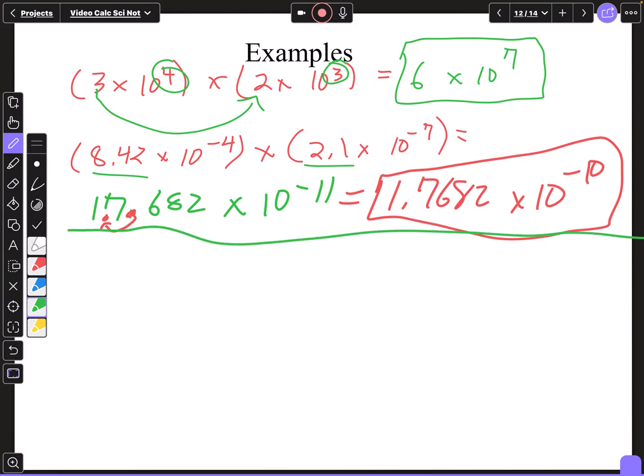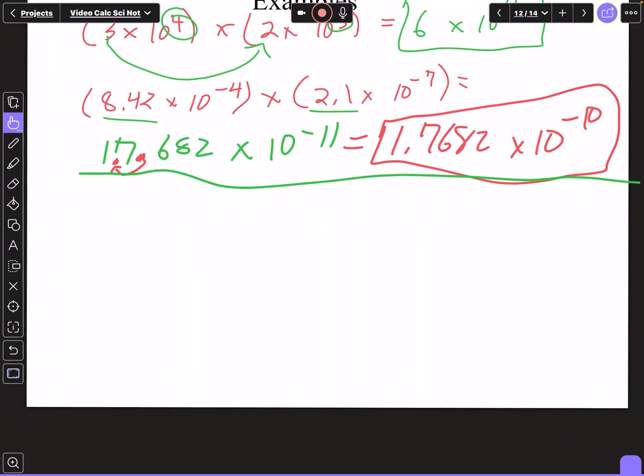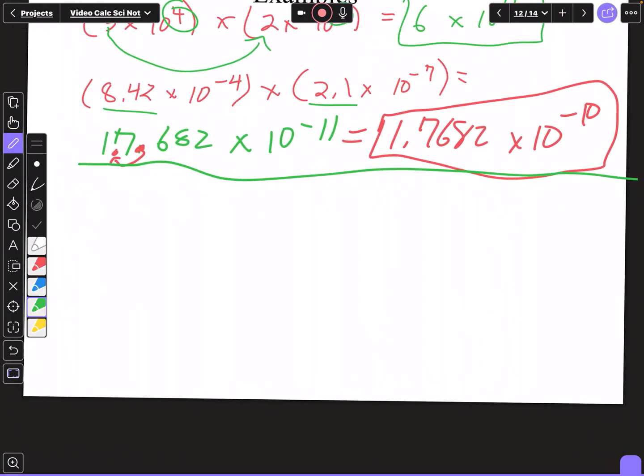All right, so if we look at another example, let's look where we divide. If I have 9 times 10 to the 8th divided by 3 times 10 to the 4th.